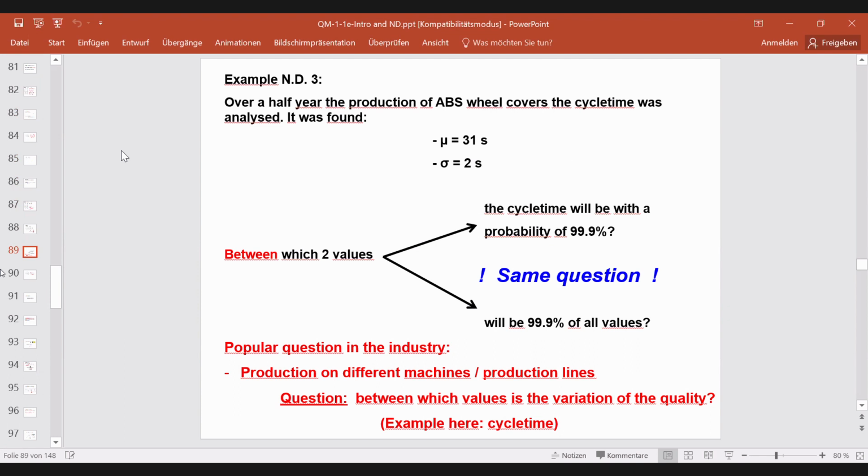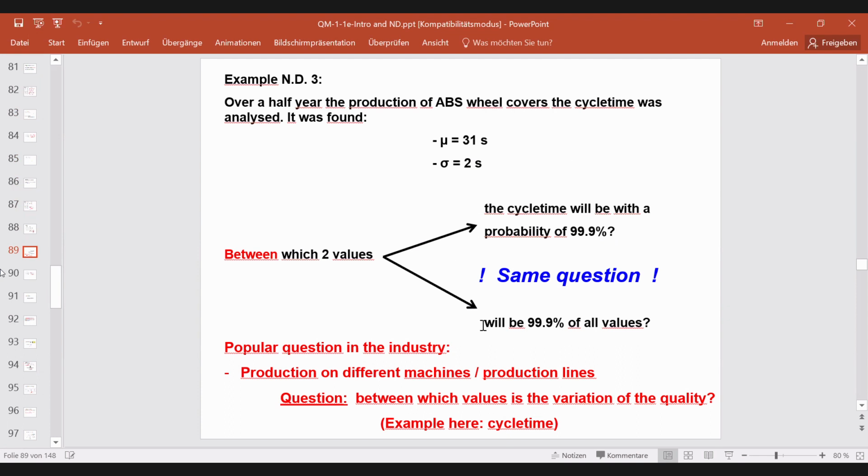Over a half year, the production of ABS wheel covers, ABS is a plastic material, the cycle time of the process was analyzed, and it was found a mu value of 31 seconds and a sigma value of 2 seconds. The question is between which two values the cycle time will be with a probability of 99.9%.